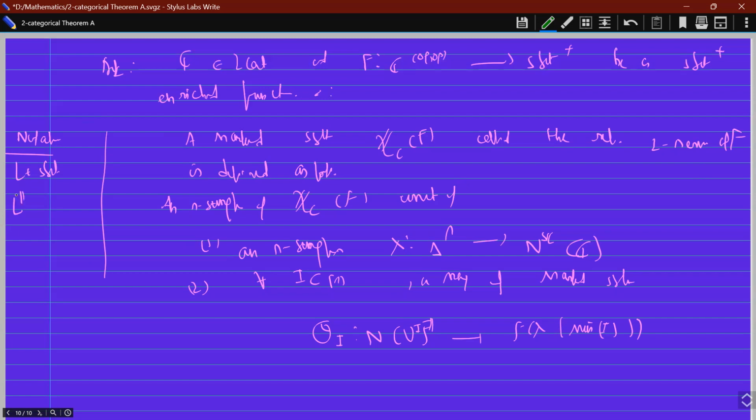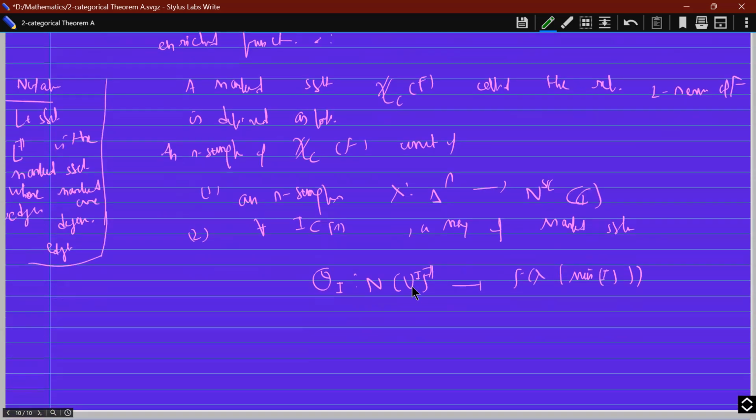Then L hash is the marked simplicial set whose marked edges are the degenerate edges. So this is what I mean by hash. Here I take the hash of this simplicial set, right?